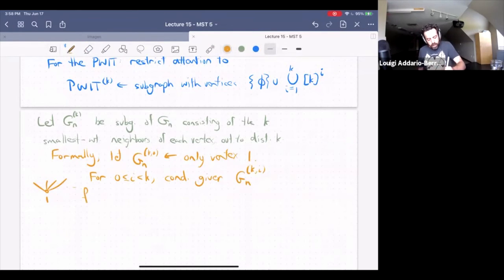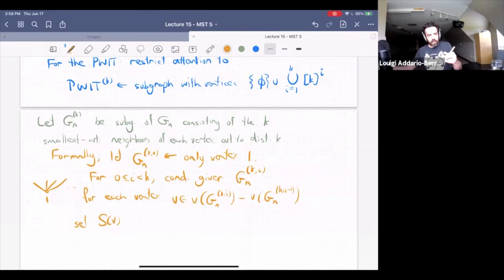Then for each vertex v on the ith level, so in G_n^{k,i} minus G_n^{k,i-1}, we'll add the k new closest neighbors.